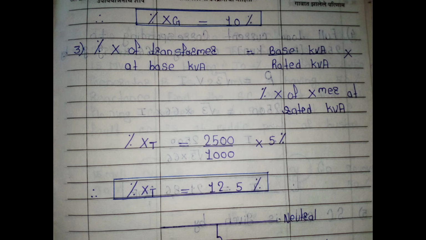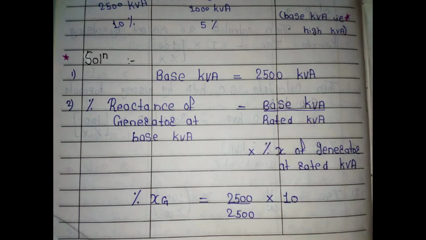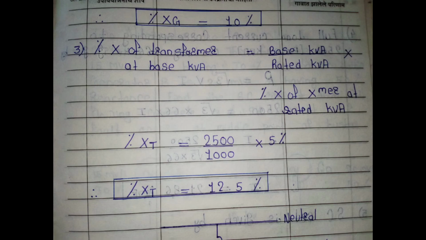First we gave the base kVA, second the percentage reactance of generator at base kVA, and third we calculate the percentage reactance of transformer at base kVA. The formula is the same: base kVA upon rated kVA of transformer multiplied by percentage reactance of transformer at rated kVA.